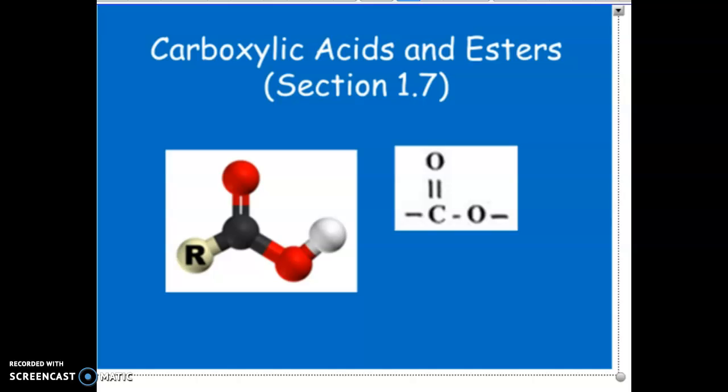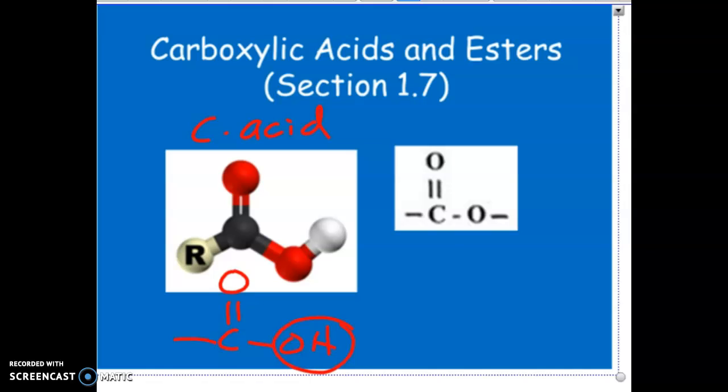So over here we have an example of a carboxylic acid. This is where you have a carbon double bonded to an oxygen with an OH group attached to the same carbon. In other words, it's a carbonyl group, the C double bond O, and there's an OH on the other side.